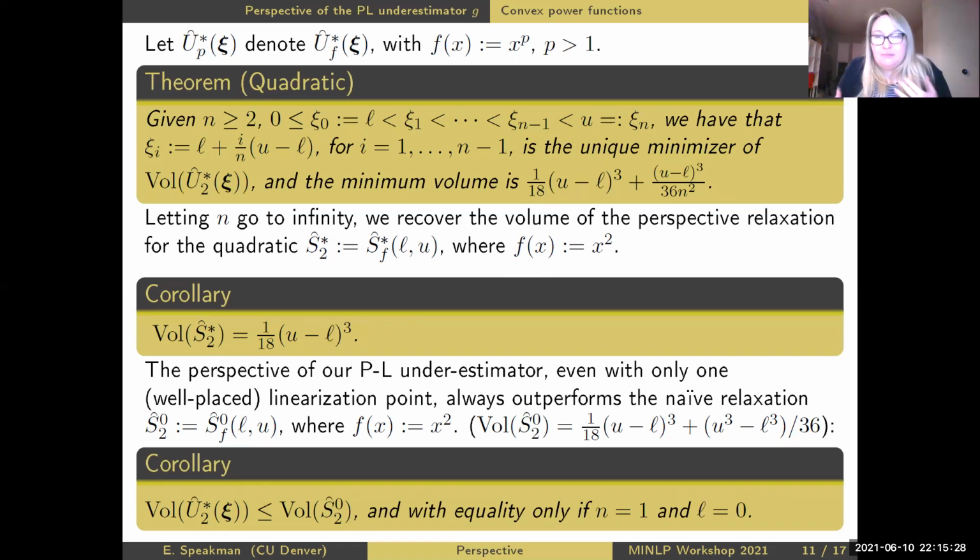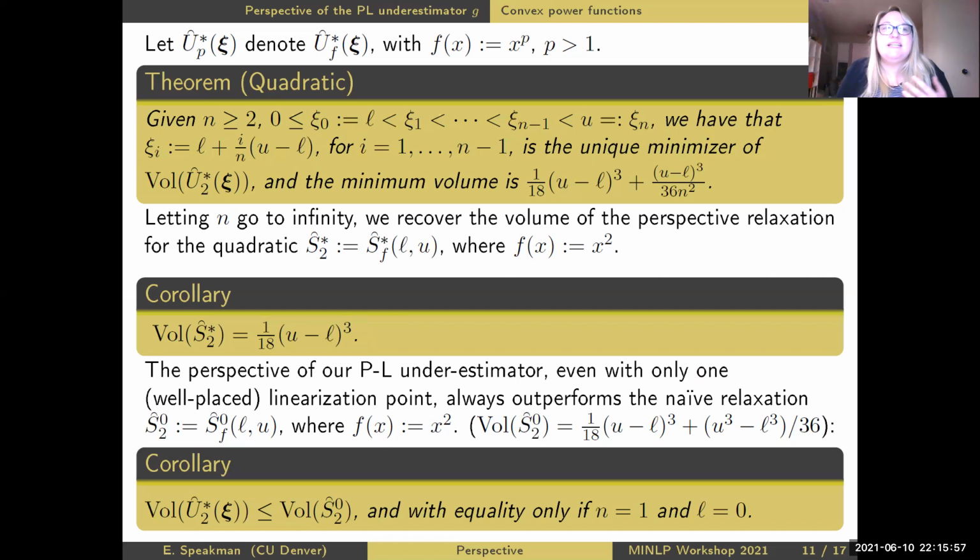Now this brings up another question. So I have the volume of my perspective reformulation, if I'd done that directly. I have the volume of what happens when I take a piecewise linear under-estimator and then do the perspective reformulation. And now the question is, well, if I just did the naive relaxation, how does that compare to doing this piecewise linear thing?